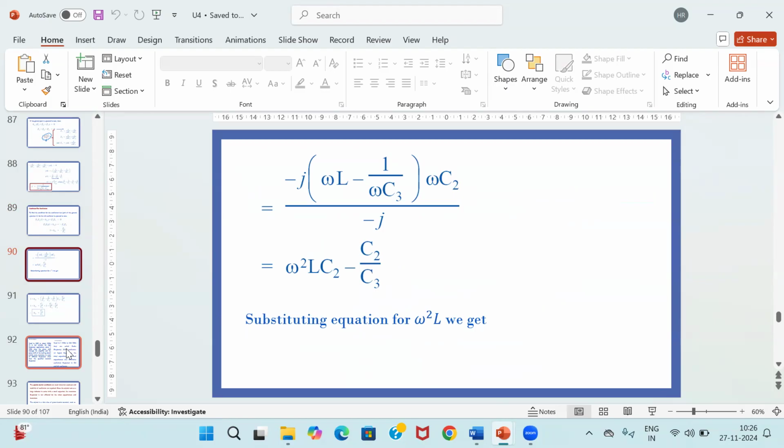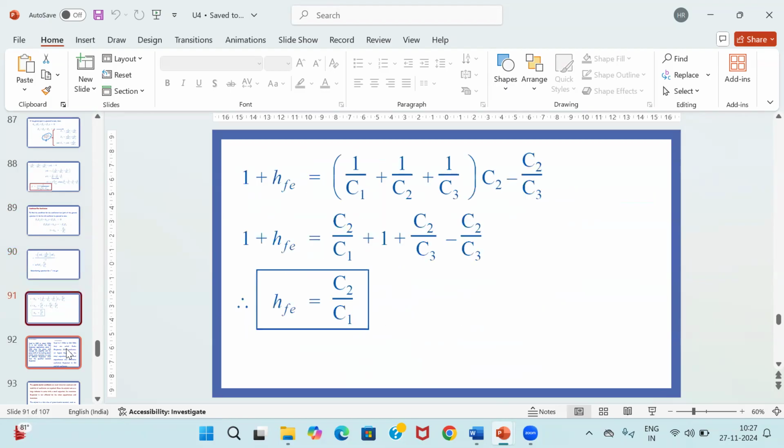Already we have derived that the frequency of oscillation f equals 1 by 2 pi root of L C equivalent, so from that you can take the omega square L value and substitute it over here. After simplification, you get hfe equal to C2 by C1, the ratio between the capacitors C2 and C1.